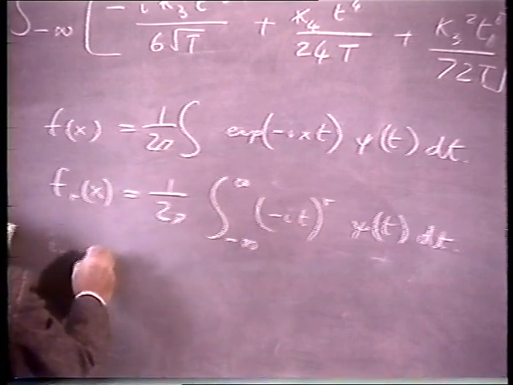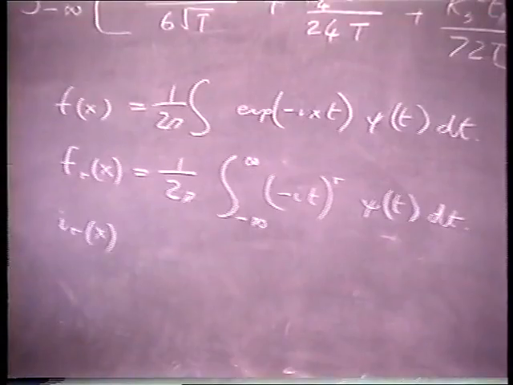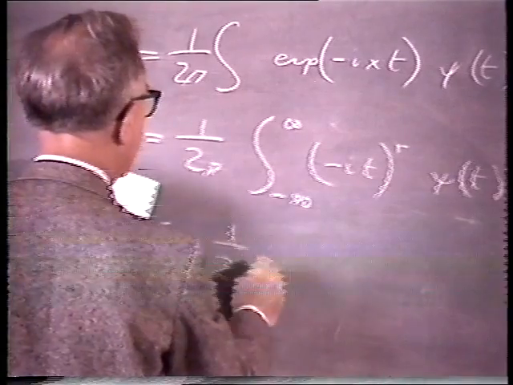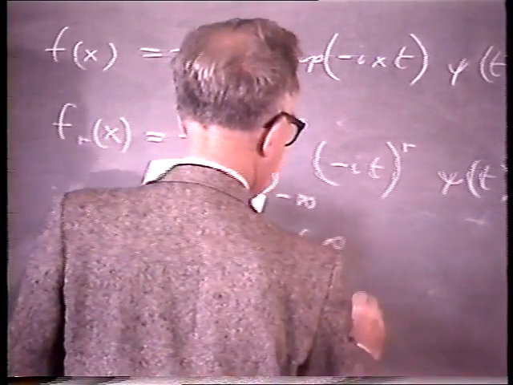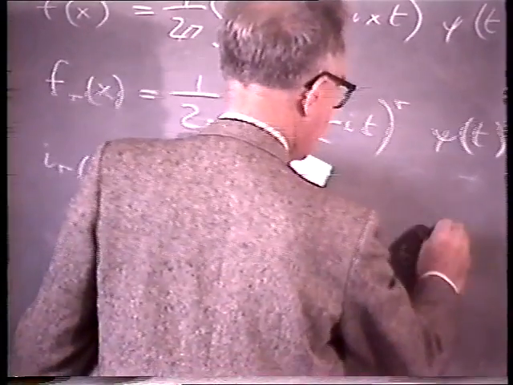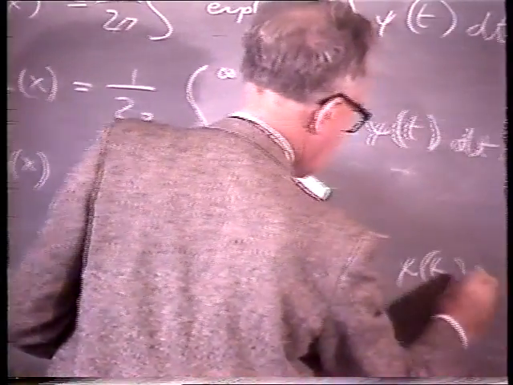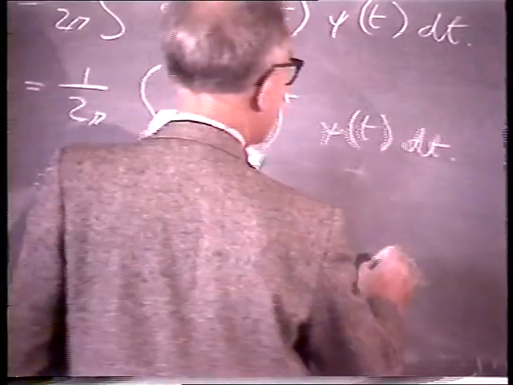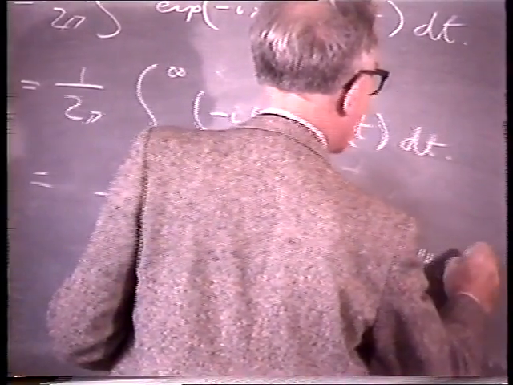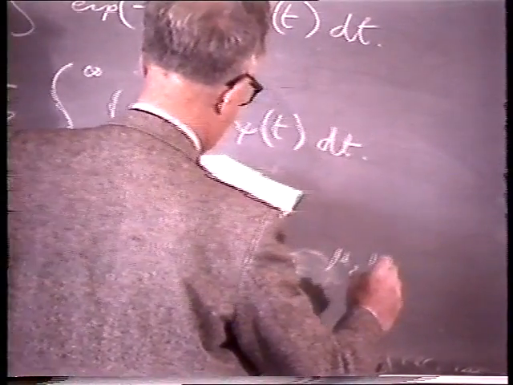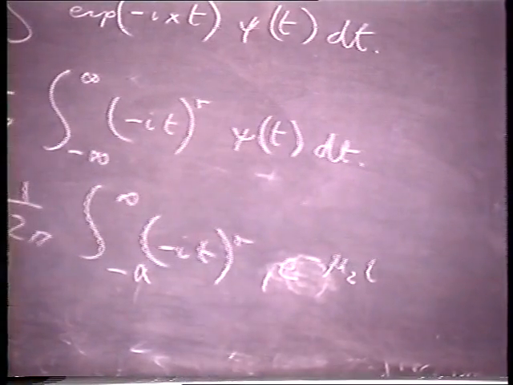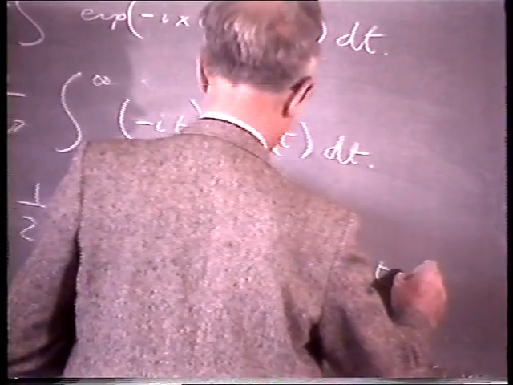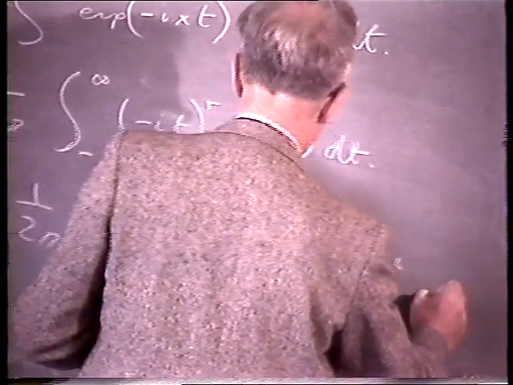So here, let's specialize this and introduce the notation I r x to mean the derivatives of the normal density, and the formula is just going to be the same. Well, as we know, this is just e to the minus mu 2 t squared dt.